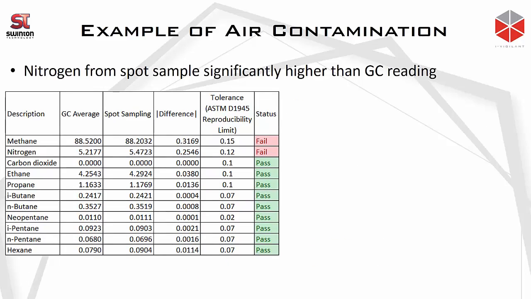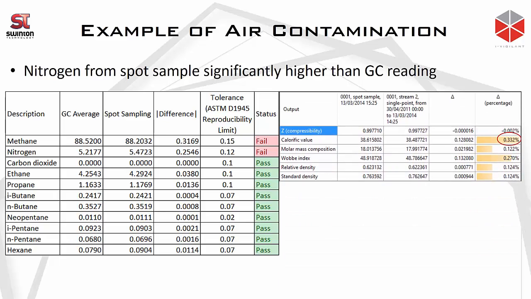The result of the spot sample comparison is only different in methane and nitrogen, but this is quite a high difference. So as you can see, the difference in the calorific value can become quite high, around 0.33%. Now, this is actually quite significant, but knowing that there is spot sample contamination in the system, we then know that we need to ditch this spot sample result and get the data from another spot sample.